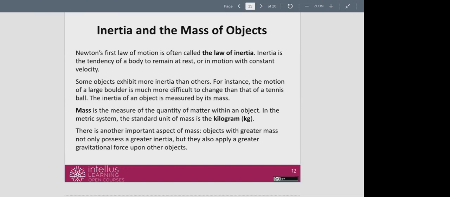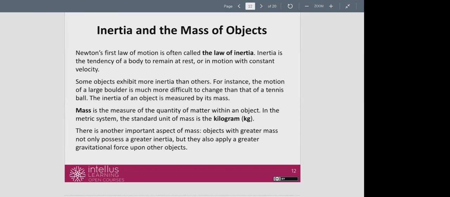And so here now we have our first formal definition of mass, and that is the measure of the quantity of matter within an object. And we measure that, we know, in kilograms, because mass is one of our fundamental properties, right? But mass tells us how much inertia an object has.